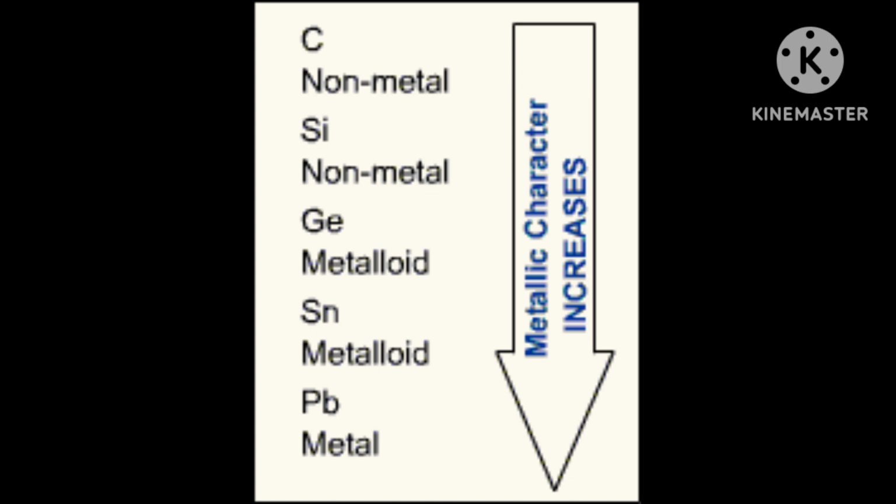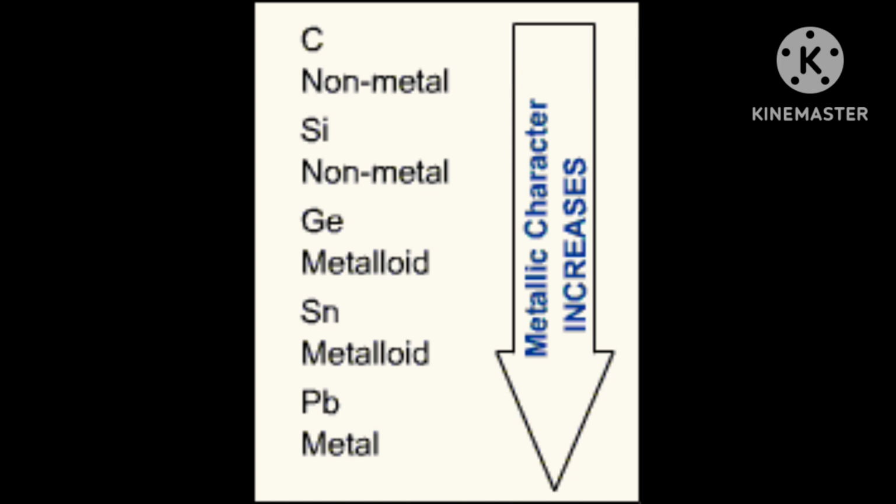Germanium is heavy, 5.32, and tin is further heavy, 7.26 gram per cc, and lead is the heaviest in the group, 11.34 gram per cc.